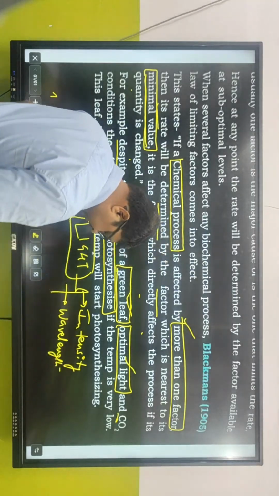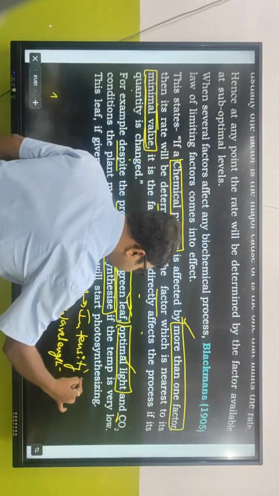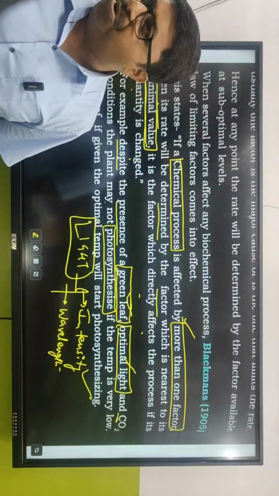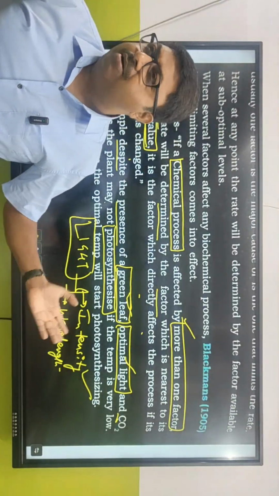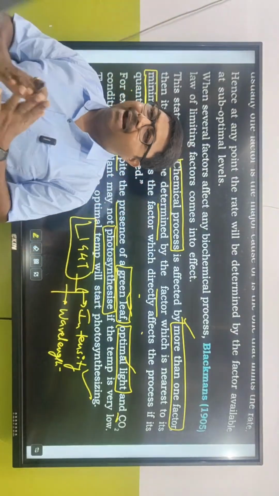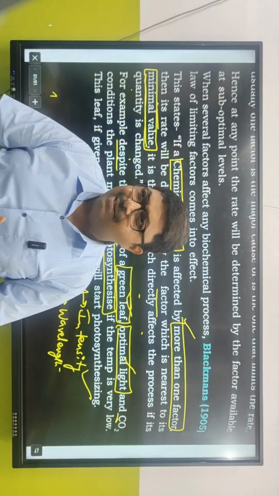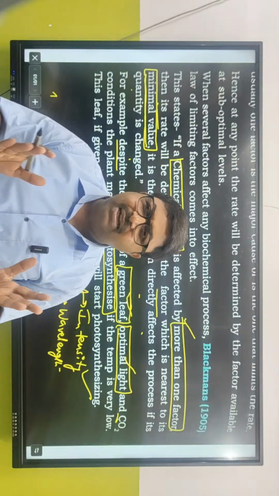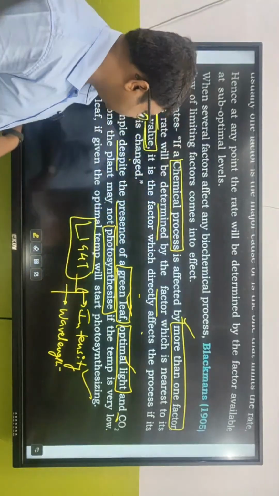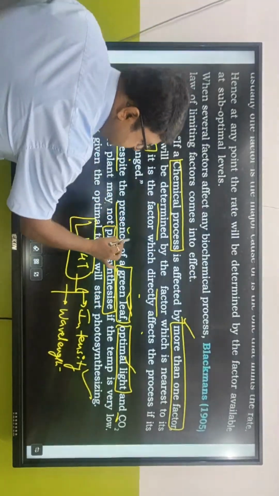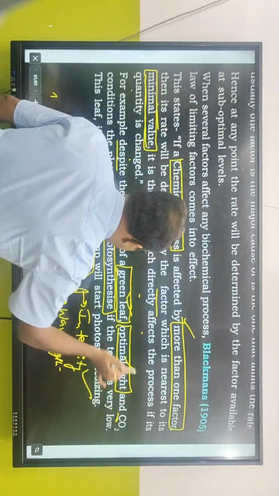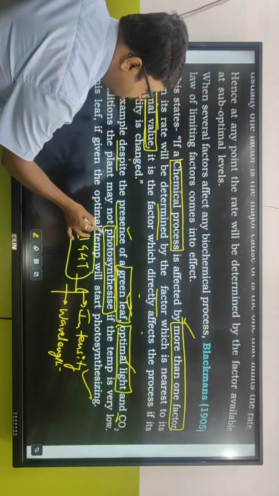Wavelength or intensity? Come on. No, intensity. Intensity of light is important for photosynthesis. Wavelength 10%, remember 10% of the total power is utilized by the green plants. Photosynthetically active radiation. So, if the temperature is very low, presence of green leaf, optimal light and carbon dioxide conditions, the plant may not photosynthesize.